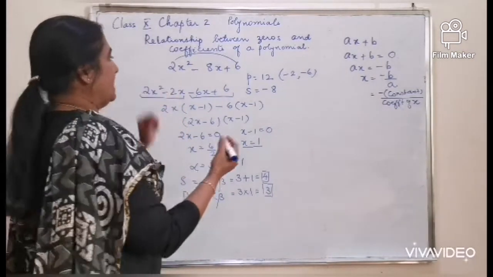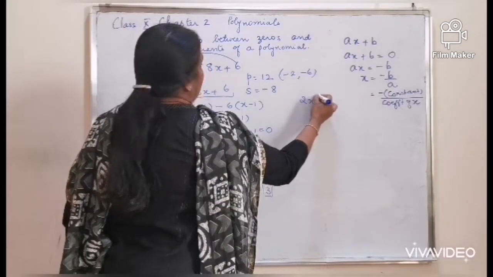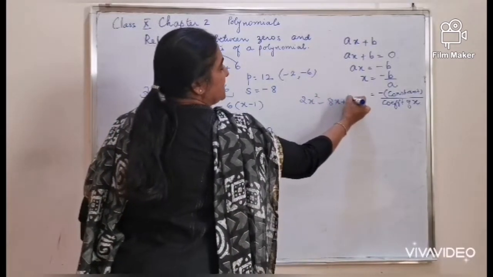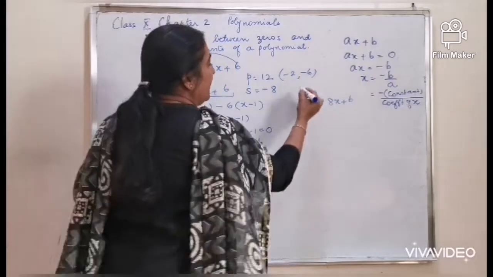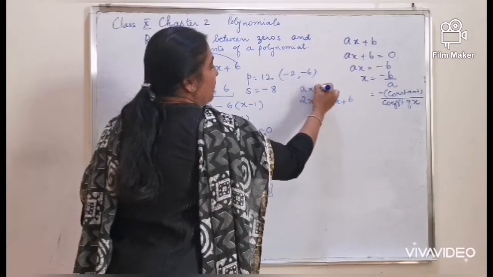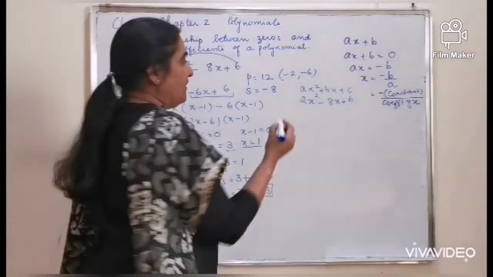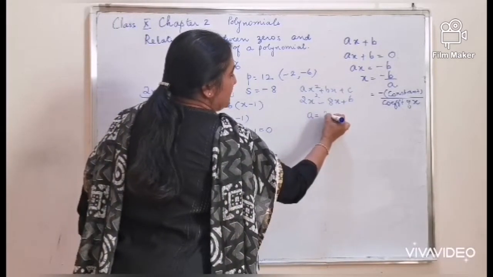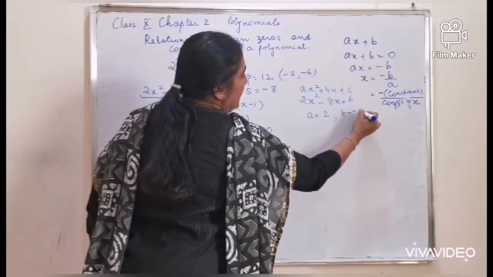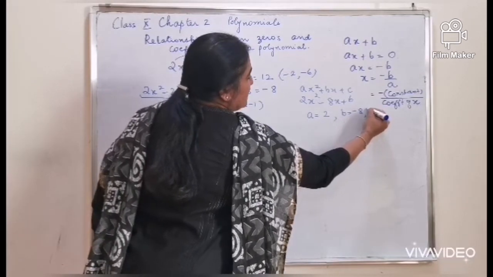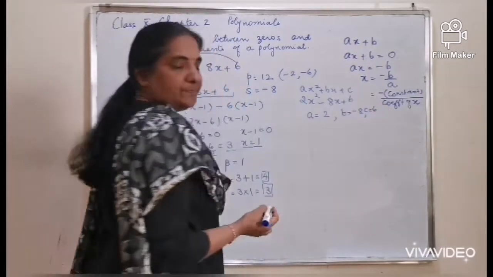The polynomial 2x square minus 8x plus 6, when compared with the general form of ax square plus bx plus c, has the values of a as 2, b as minus 8 and c as 6.